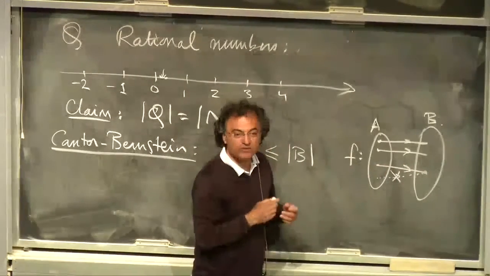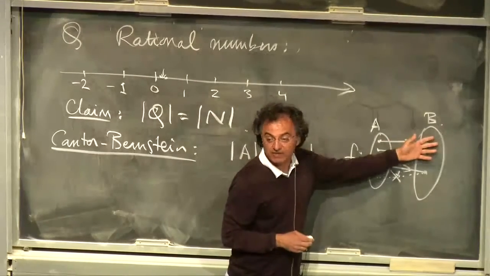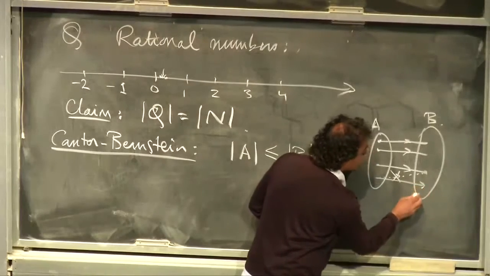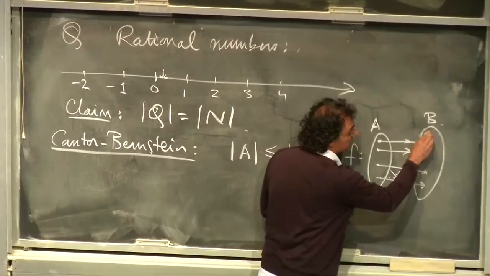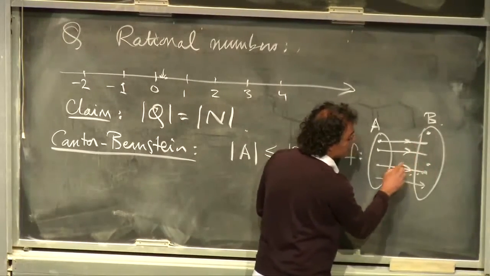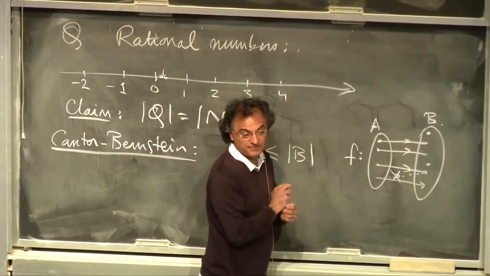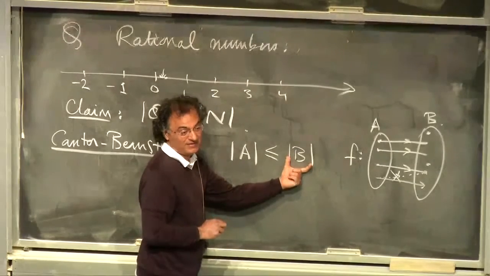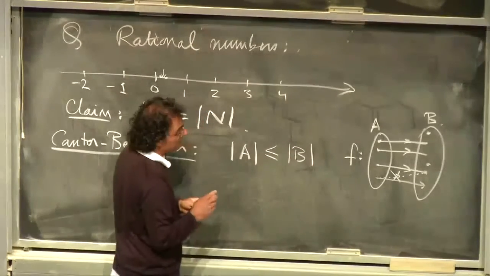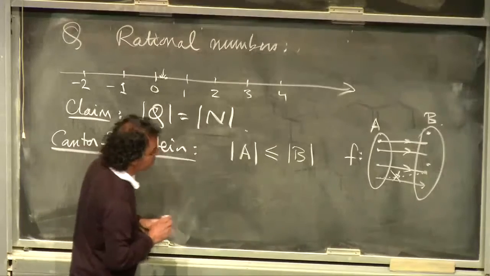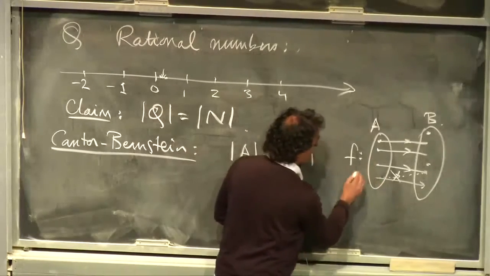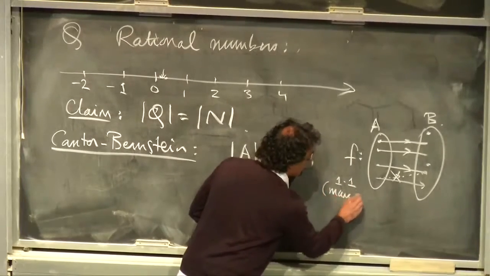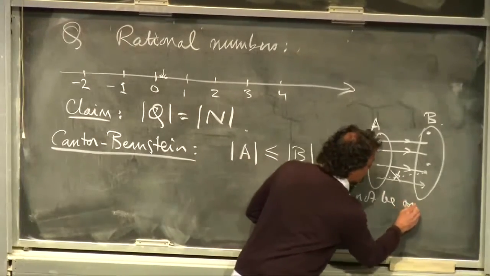So what prevents this from being a bijection? It's not onto. What prevents it from being a bijection is we might have other points in here which don't get hit by anything. And that's why we are saying A is less than or equal to B. So f is one-to-one, but may not be onto.